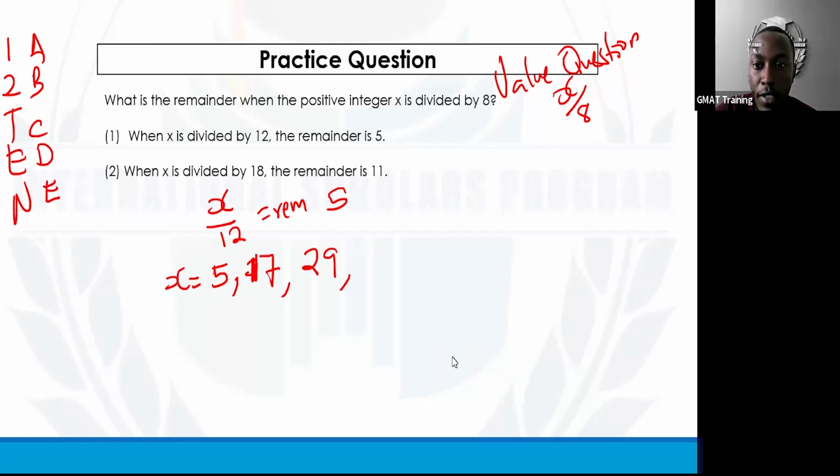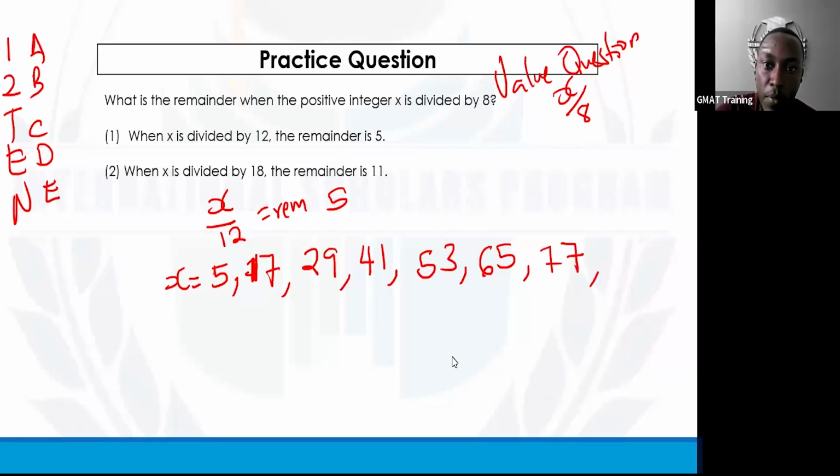Plus 12 is 41. Plus 12 is 53. Plus 12 is 65. Plus 12 is 77. Plus 12 is 89. Plus 12 is 101. Those are possible values, maybe up to 100.